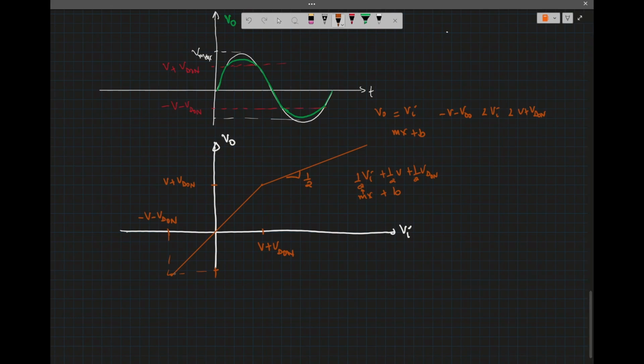So it looks something like this. That will be the transfer characteristic.